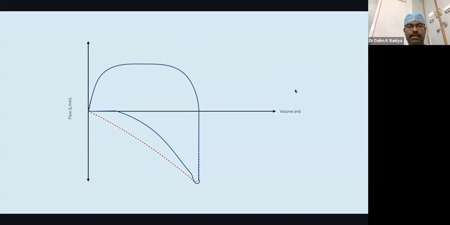At the same time, have a note on how the different patients who are suffering from different diseases in your ICU are being ventilated. This longitudinal and cross-sectional observation will help you a lot in understanding the clinical practical implications of whatever you have learned today. So that will be very important.